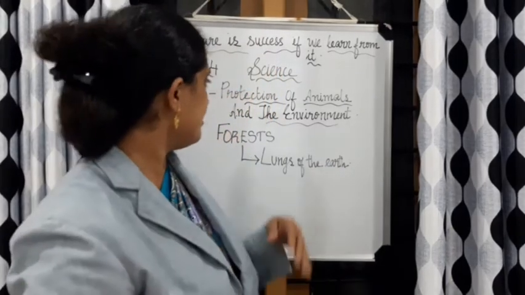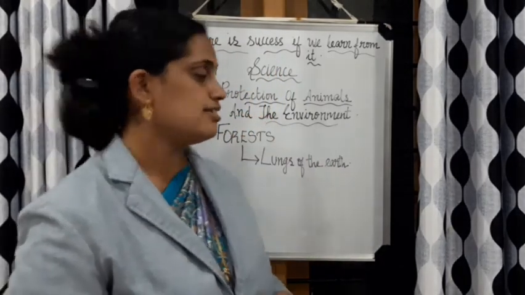Children, did you all complete the notes which I forwarded in the last class? Yes, very good children. Which lesson did we start in our last class? Yes, the last lesson from our Term 2B textbook. The third lesson, that is protection of animals and the environment. What all things did we learn? Yes, we learned about caring of domestic and pet animals.